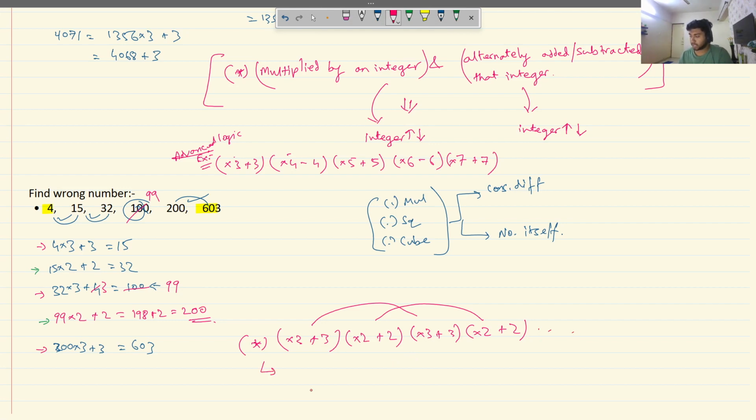So I can say the logic as: multiplied by an integer plus the integer itself, and in the next iteration it would be multiplied by another different integer, in this case 2, plus that different integer itself.